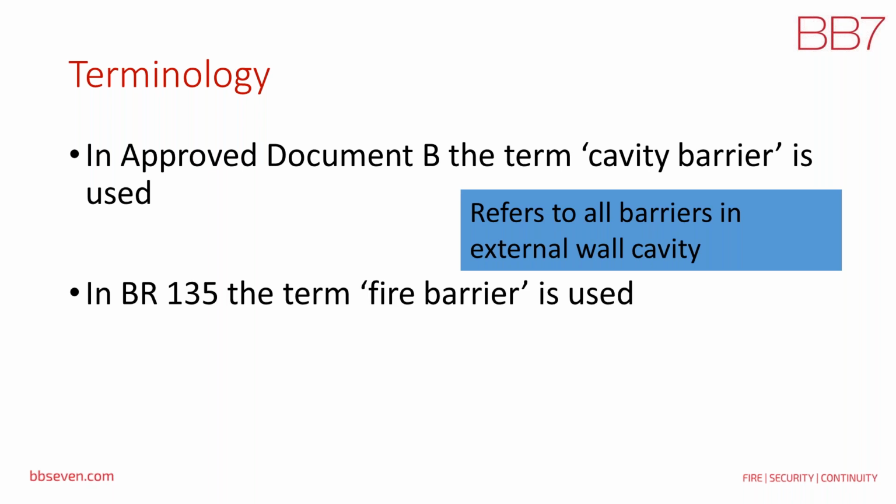In BR 135, the term fire barrier is used. The BR 135 document is for cladding of multi-story buildings. The title of BR 135 is the fire performance of external thermal insulation for walls of multi-story buildings, and the term fire barrier is used almost exclusively.